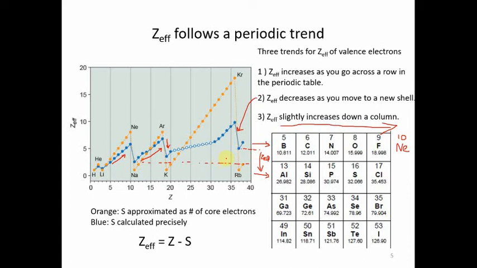What we can see, these elements here at the beginning represent the first element within the new shell. And we can see that there's a slight increase in the effective nuclear charge as we go down a column. So, just to clarify, effective nuclear charge increases as we go across a row from left to right, and it increases slightly as we go from top to bottom.